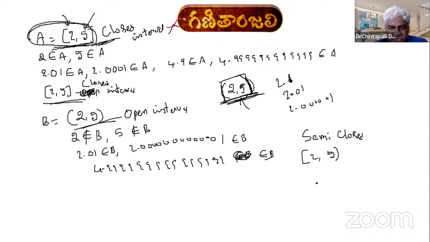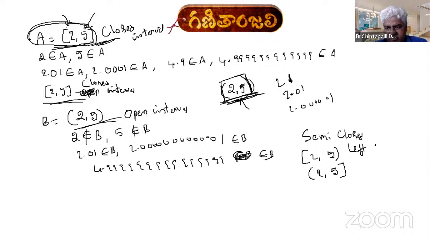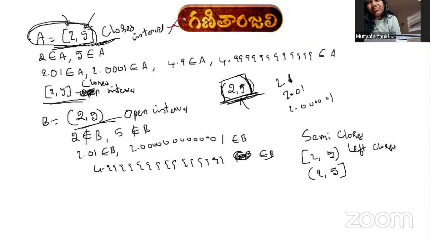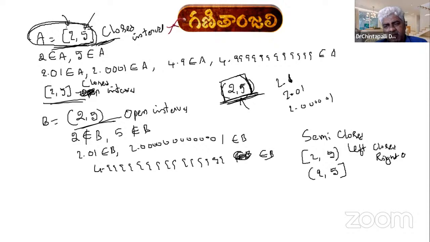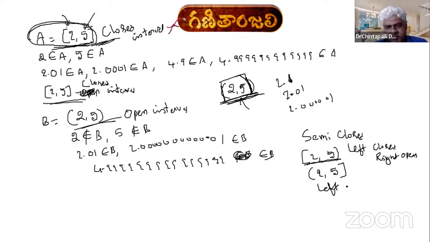Of course, this is also semi-closed: excluding 2, including 5. This is called left closed, right open. What about the next one? This one is left open, right closed.